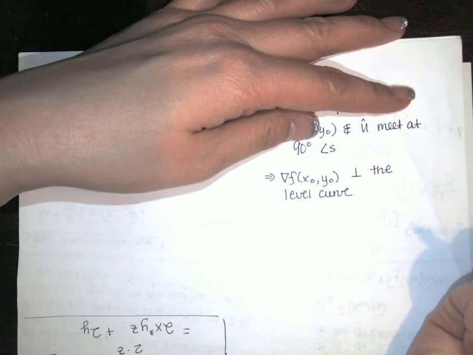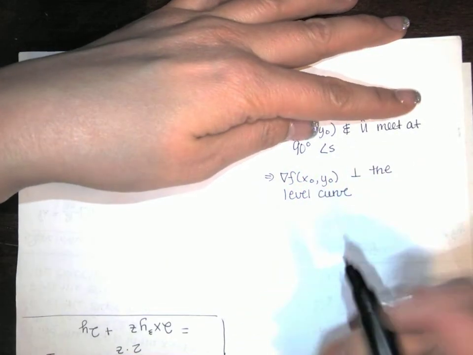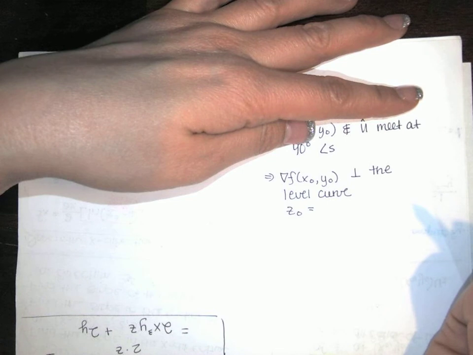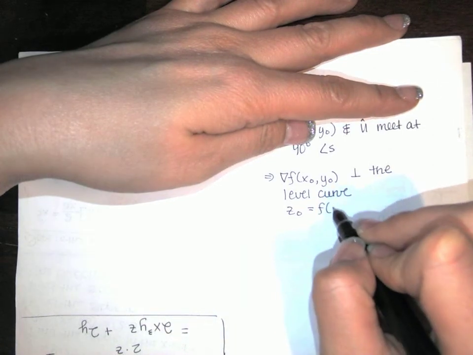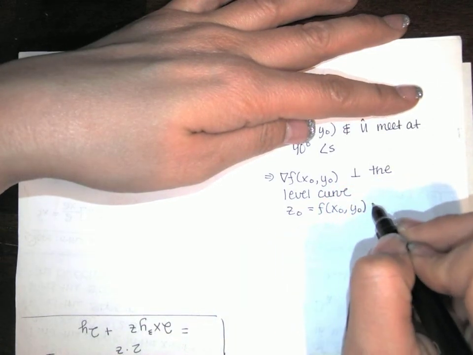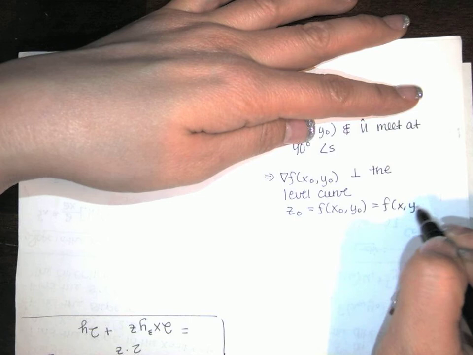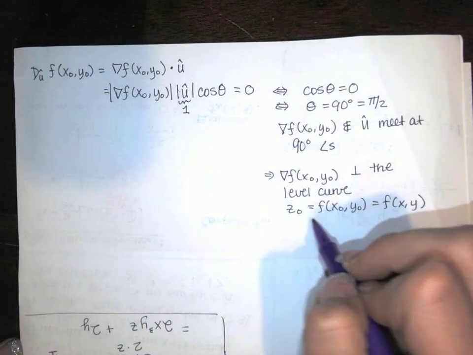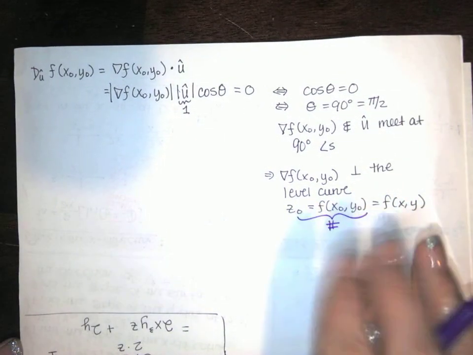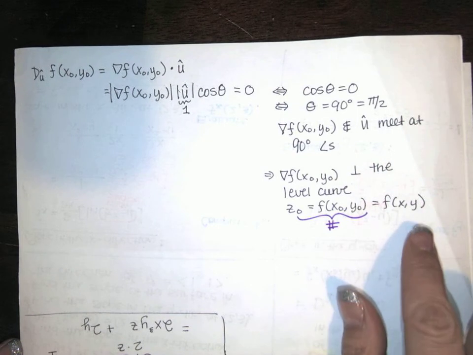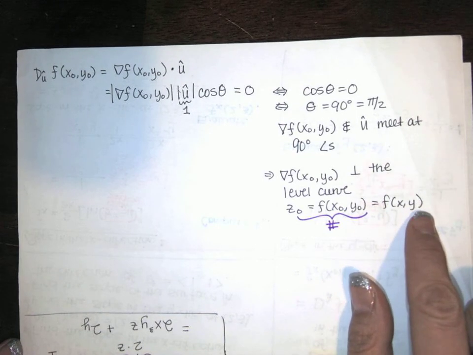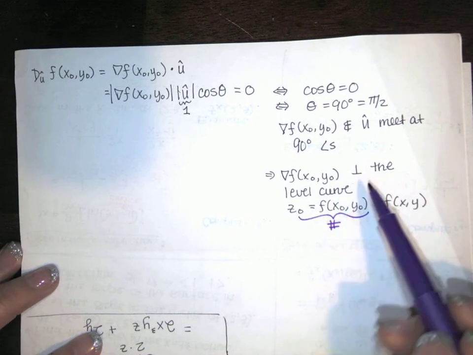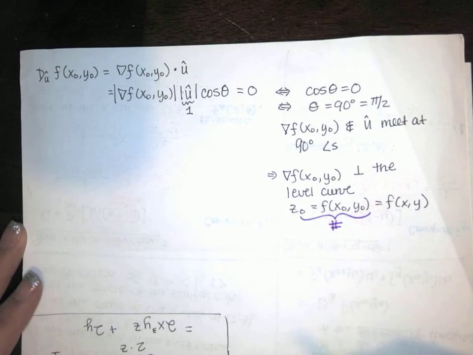And this looks a little strange, but bear with me. It's the level curve given by z naught, which is f of x naught, y naught, equals f of x, y. I know that looks very strange, but this is just a number on this side. We're setting z equal to a constant, and this is the rest of the formula for the surface. So our gradient vector is always perpendicular to level curves.